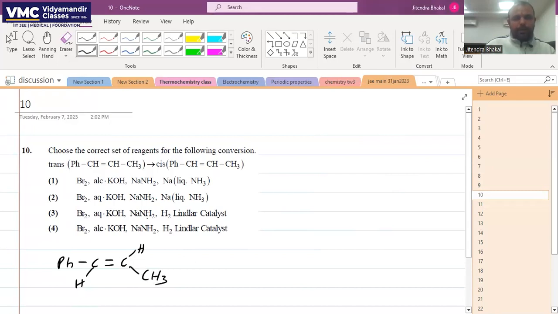This is a trans alkene. Now let us check the reagents. When we react it with bromine, Br2, it will add by anti-addition mechanism. So anti-addition will take place.